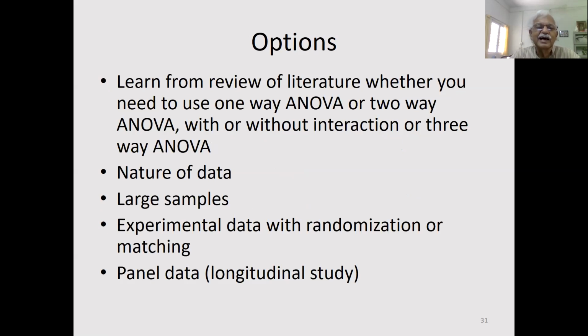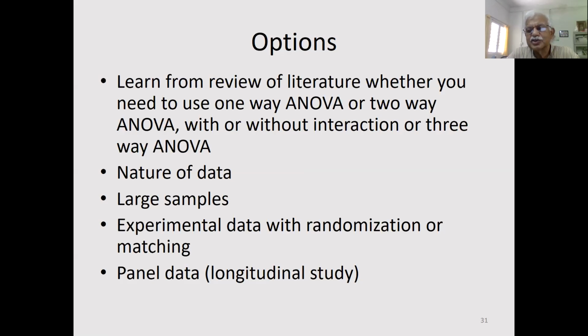The options are learned from the review of literature on whether you need to use one-way ANOVA. See, your options are you go for one-way ANOVA, or you go for two-way ANOVA, with or without interaction. That all depends on review of literature. Nature of data: what is the nature of data?